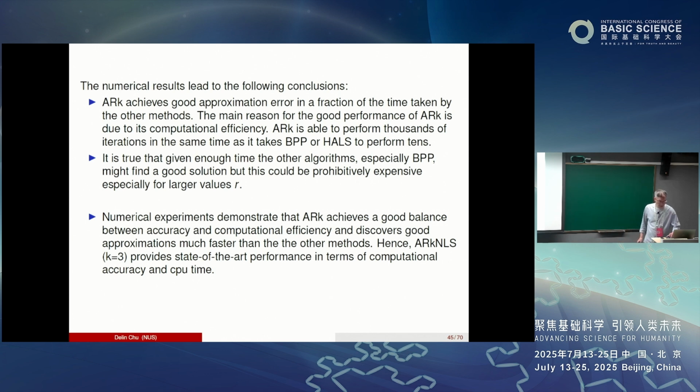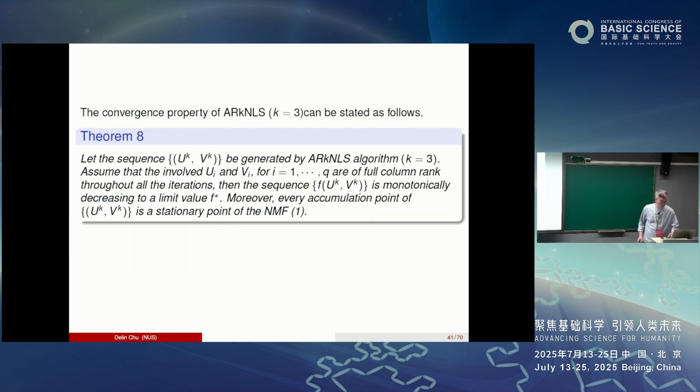Here we have an assumption: the involved U_i and V_i are of full column rank. If k equal to 2 or k equal to 3, even if this condition is not satisfied, we know how to handle it.